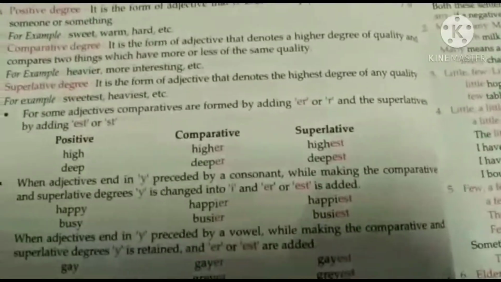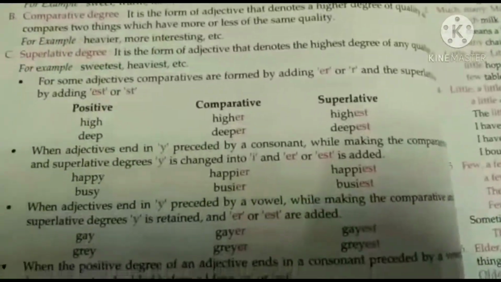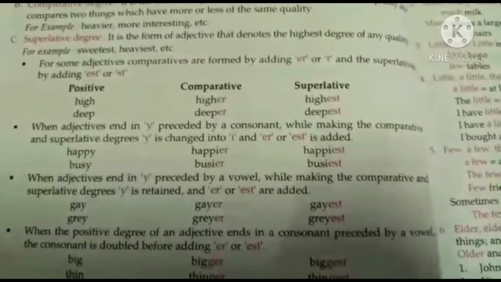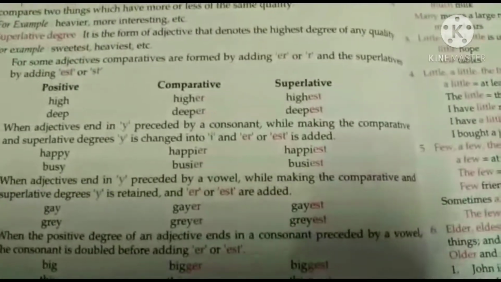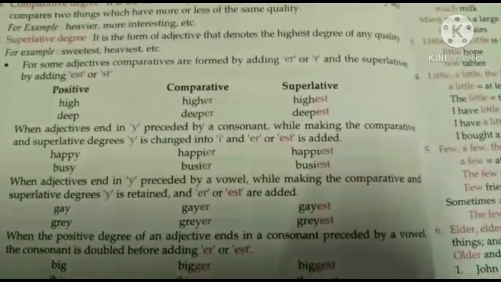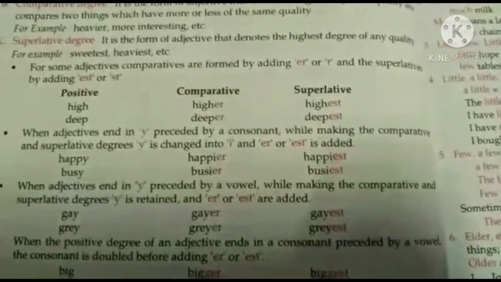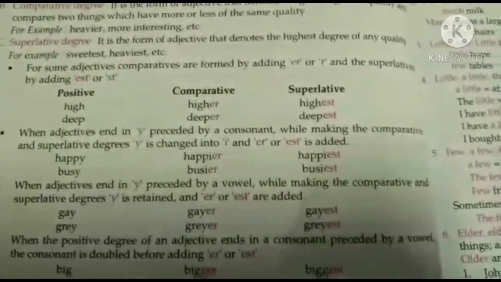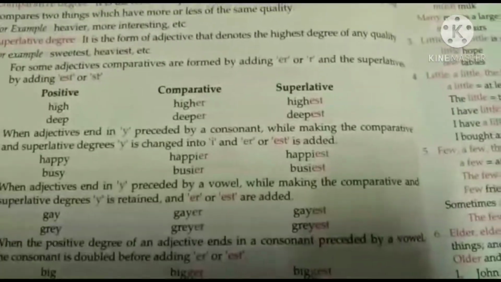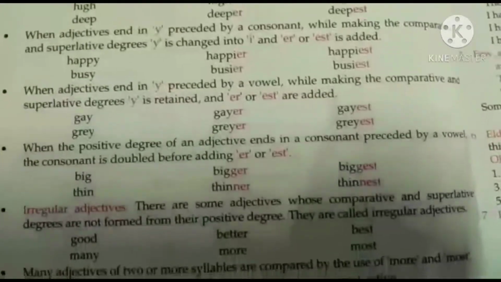So we compare two people or things. The superlative degree is the form of the adjective that denotes the highest degree of any quality. Suppose Rita is the tallest girl in her class. Tall is the positive degree, taller is the comparative degree, and tallest is the superlative degree, meaning no comparison. So these are the degrees you can see here.